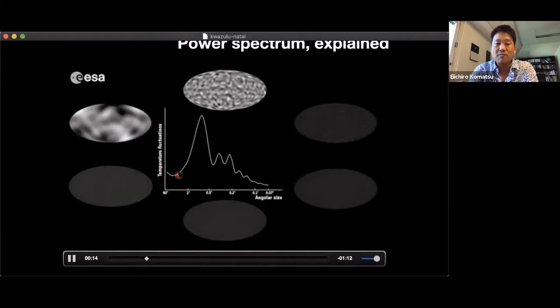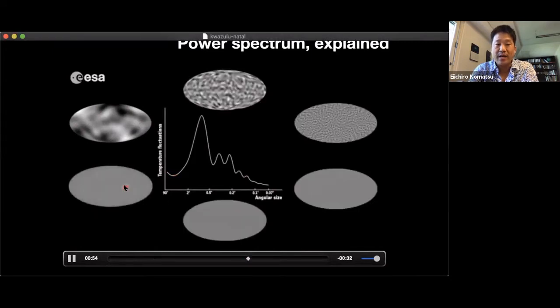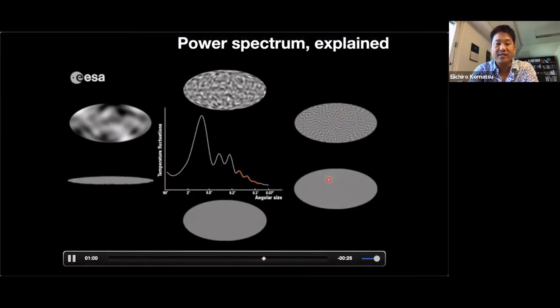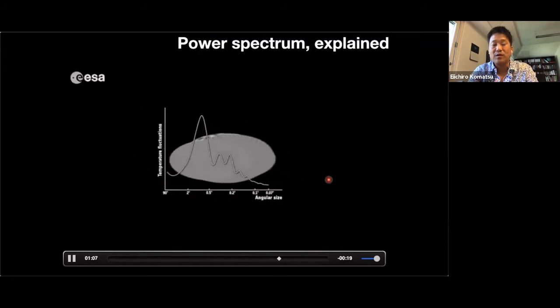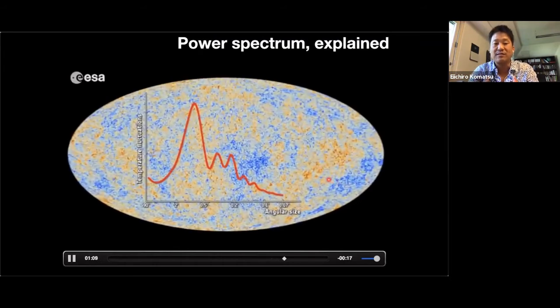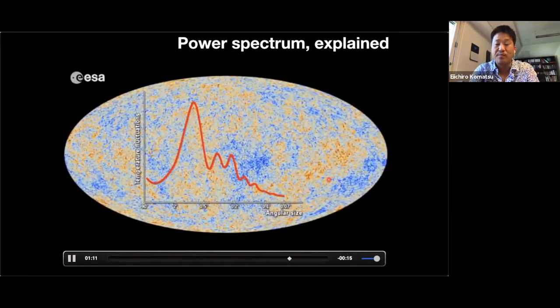Now you go to the right and you start seeing shorter wavelength fluctuations, and you keep going, right? It's like decomposing the sky into multiple wavelengths with various amplitudes. But of course, when you put them all back together, you get the original image. So this is nothing but Fourier decomposition.